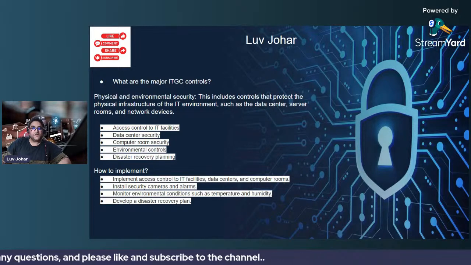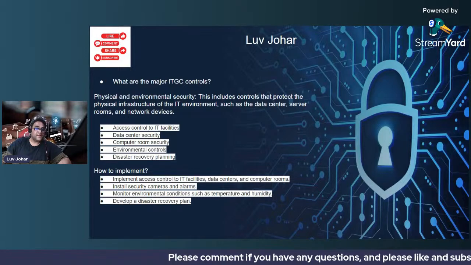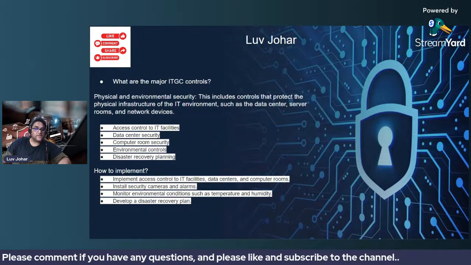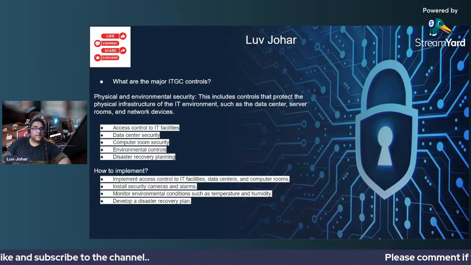Your data center security, be it physical security or security using personnel who are guarding the data center, computer room security, environmental controls, disaster recovery planning, all these come under physical and environmental security.